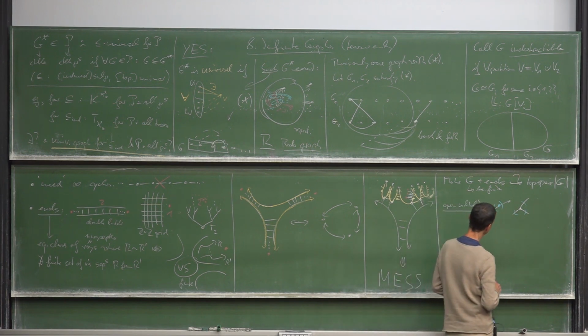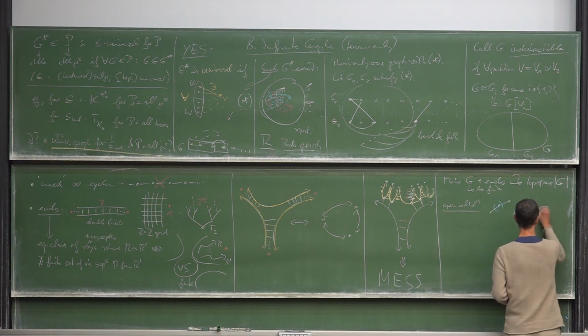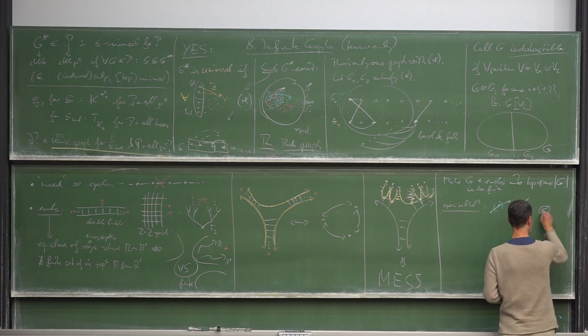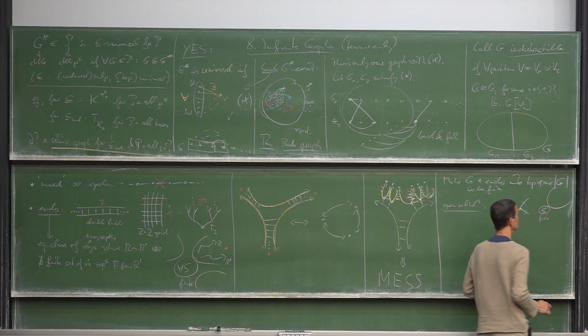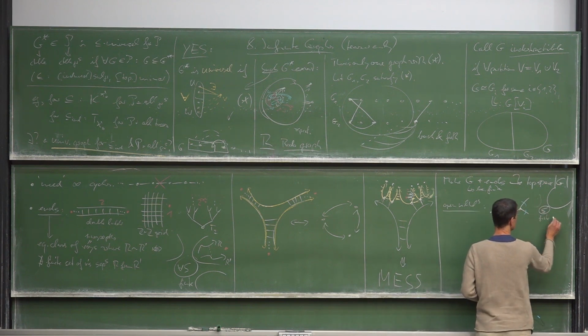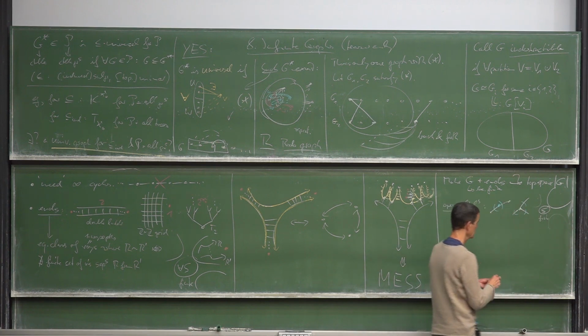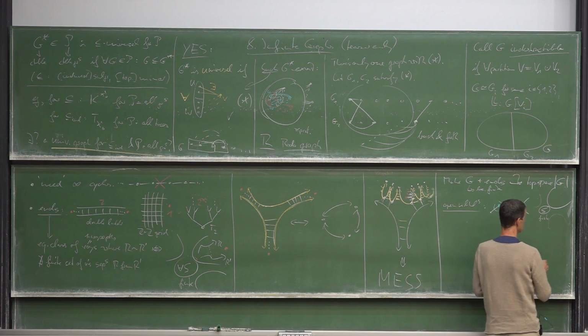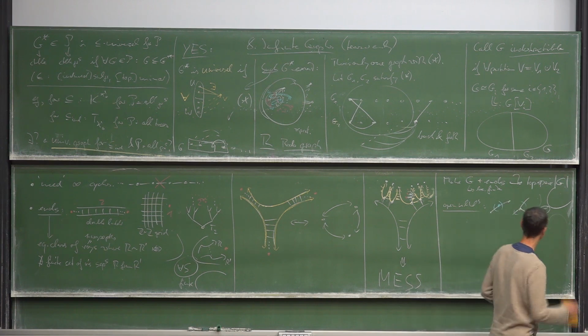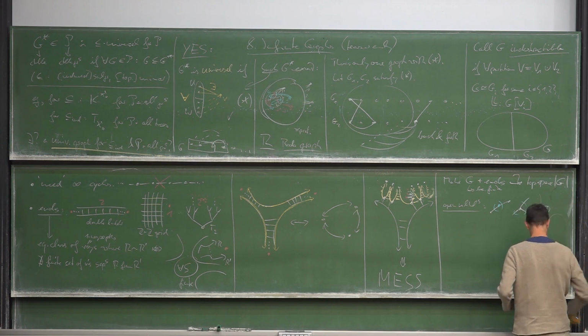And for ends, take any finite set S, take any component of the rest, and I have to draw this slightly differently, to give ourselves more space.